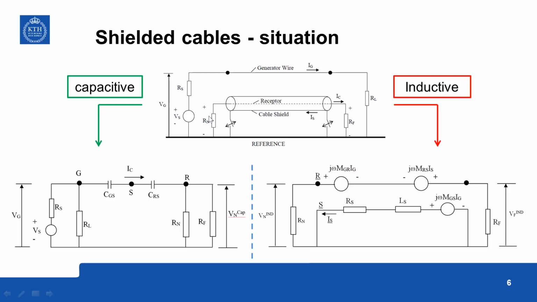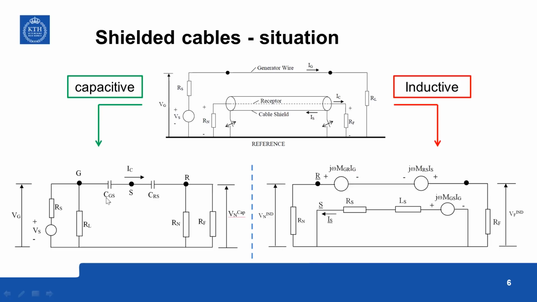RN and RF. So while drawing this, we assume that the shield is not connected, to be more general. If the shield is connected, then of course you have connections directly like this, and this is short circuited, and you eliminate the capacitive coupling.